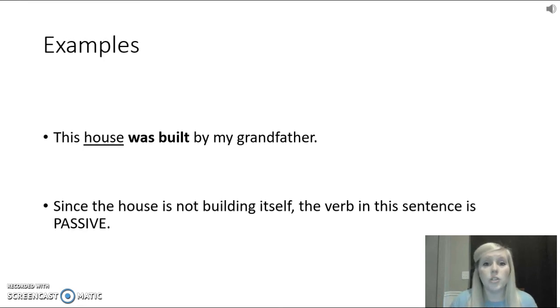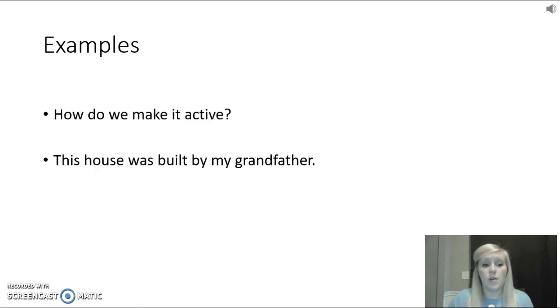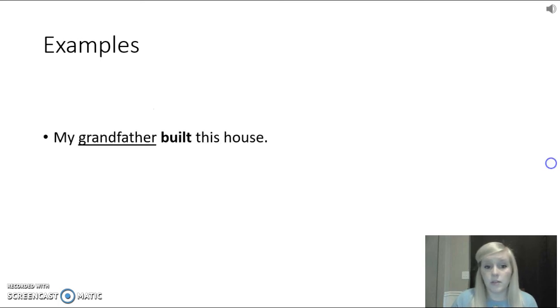How can we change it to become active? We need to change the subject of the sentence to grandfather. So now the sentence reads, my grandfather built this house. Grandfather is now the subject. He is the one doing the building, so now built is an active verb.